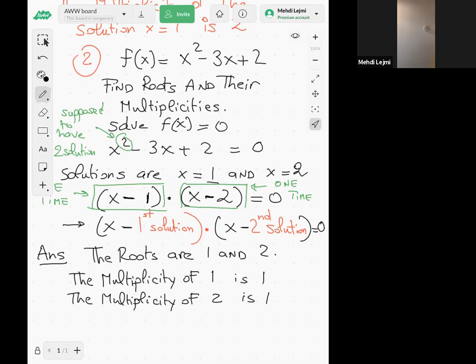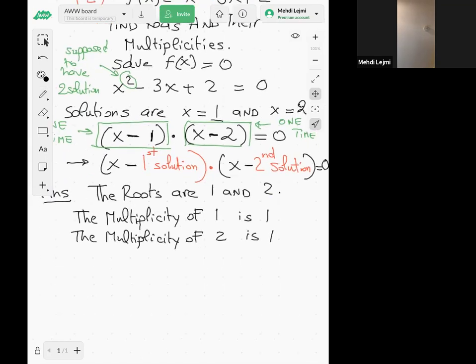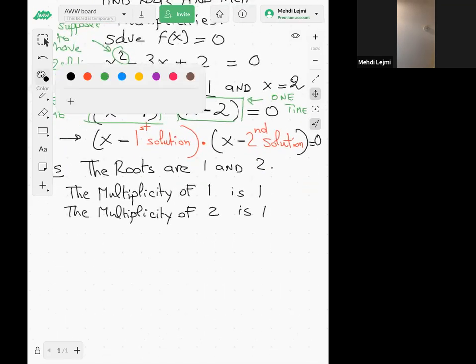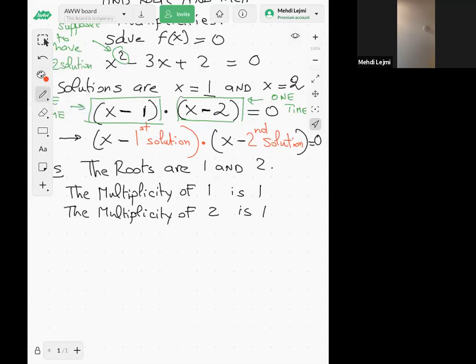And now the question is, what about higher degrees? So for example, next example, example 3. Let's say f of x is equal to x cubed plus 7x squared minus 4x minus 28.